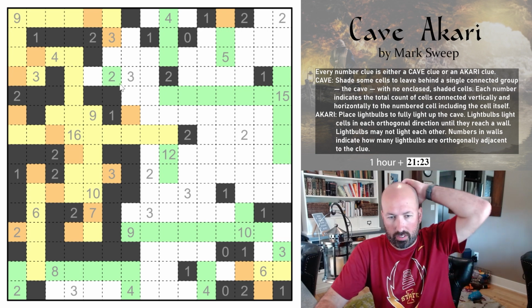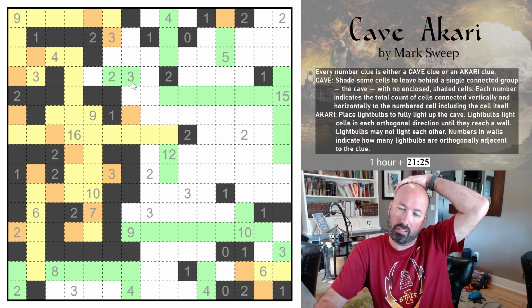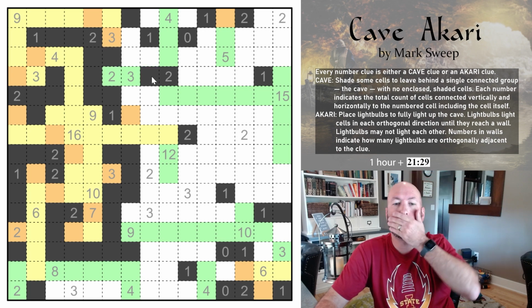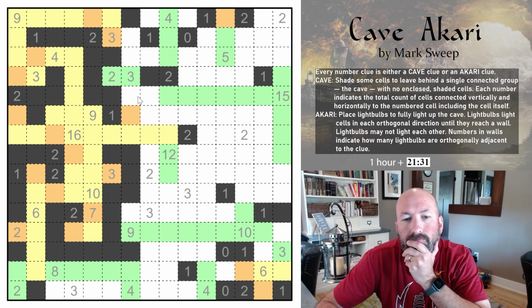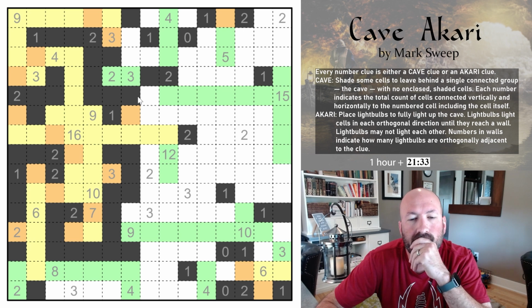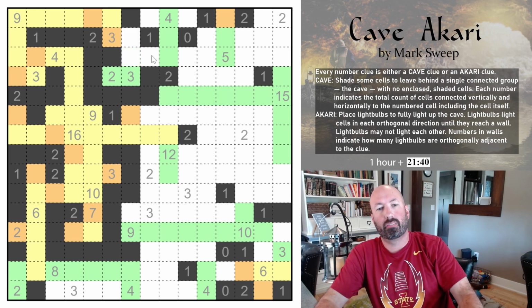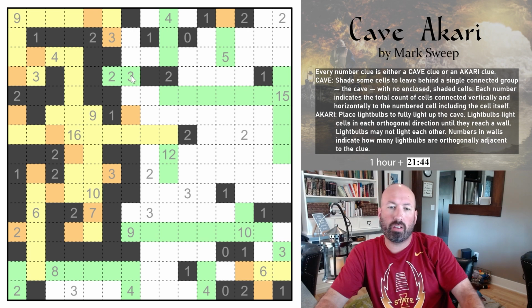Possible. If this is wall, it has to go that way. I mean, if it's cave, it has to go that way. Just gonna force... that breaks, because the 3 would have nowhere to connect to.